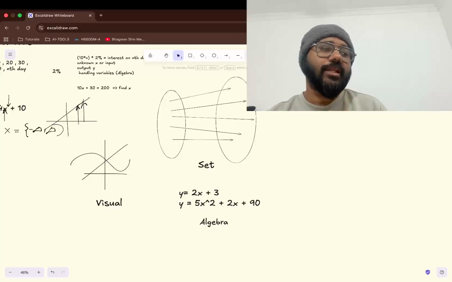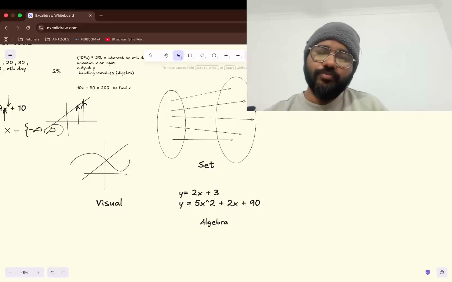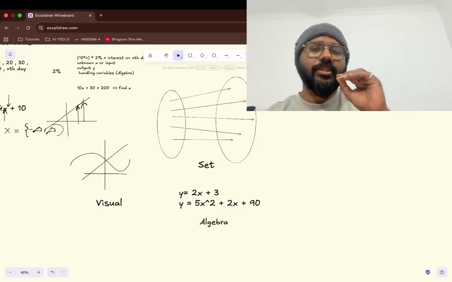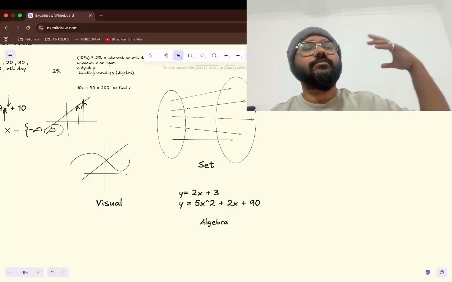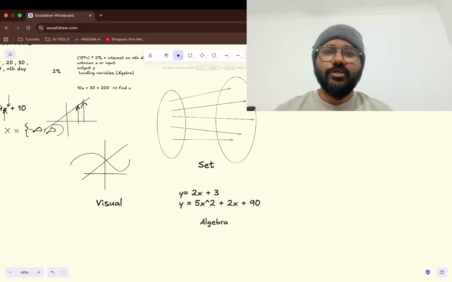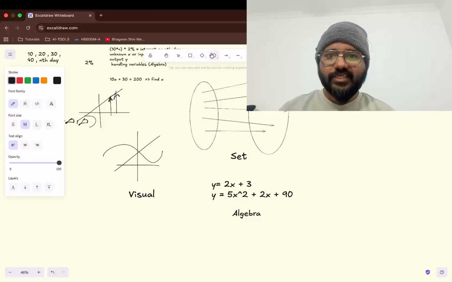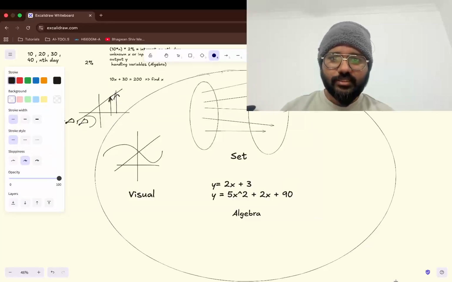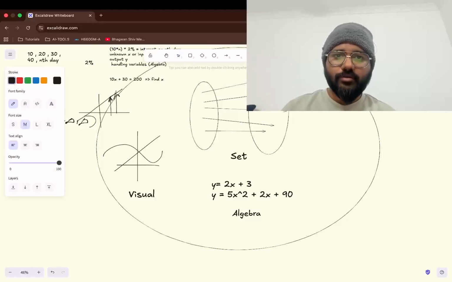It could be something like, if the money in your account is 10 rupees, you will get 2 rupees as interest. So there are some underlying hidden variables which determine the output. The mapping we talk about, functions or mapping, all of these represent the same thing.